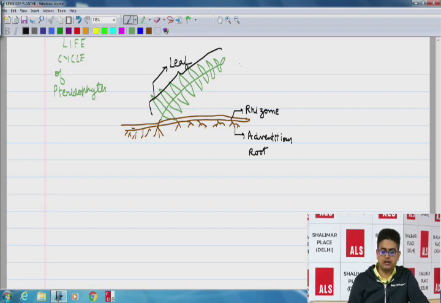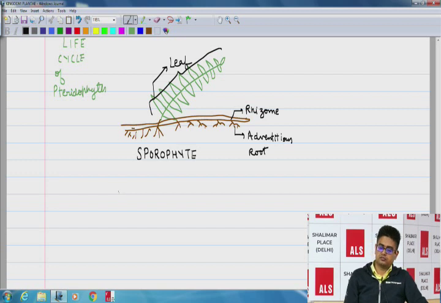Because this is the adult plant and it is producing spores, this is called the sporophytic generation. Sporophyte.